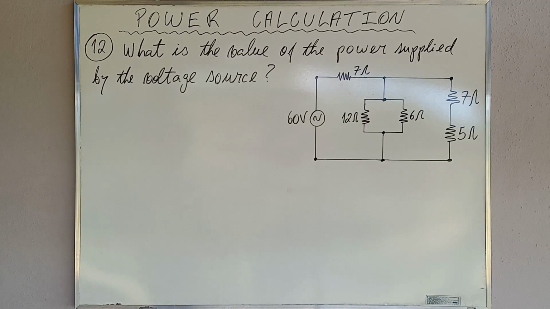Among other possibilities, we can find the value of the power using the equivalent resistance. Firstly, we compute the series combination between the 7 ohms resistor and the 5 ohms resistor at the right.